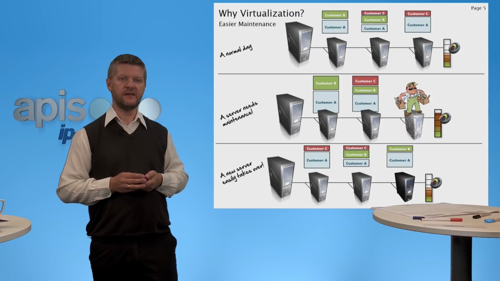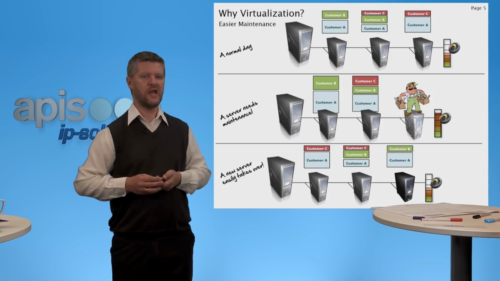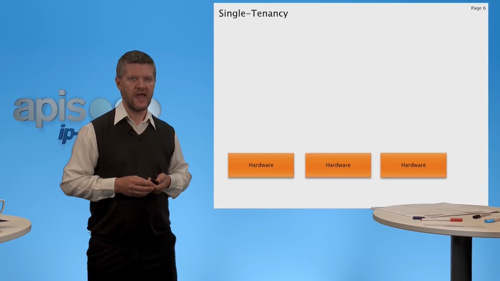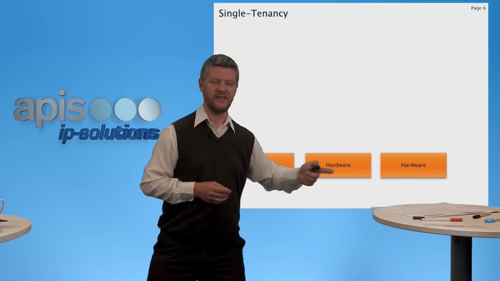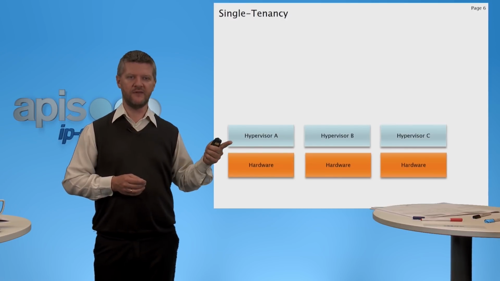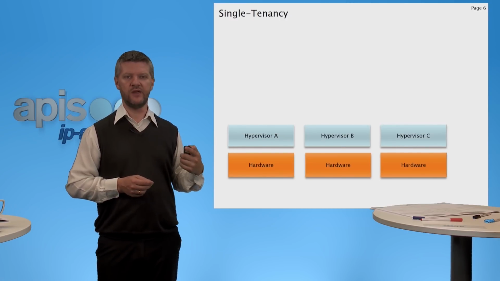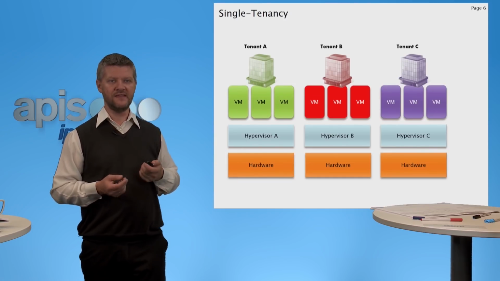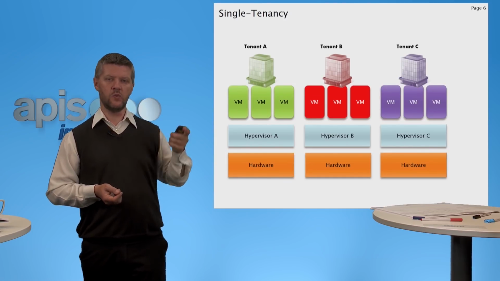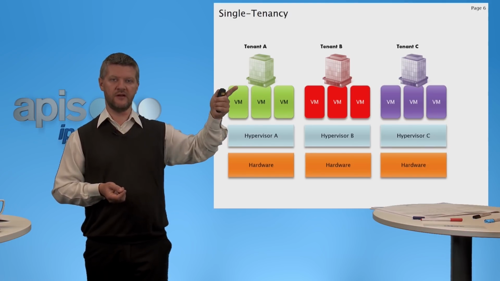Finishing off this small PowerPoint breakout session, we can look at who uses these servers. We have 3 servers here. We have hypervisors installed in all of them so that we can run virtual machines in all these 3 locations. Now, in this example, there is one user, the green user.